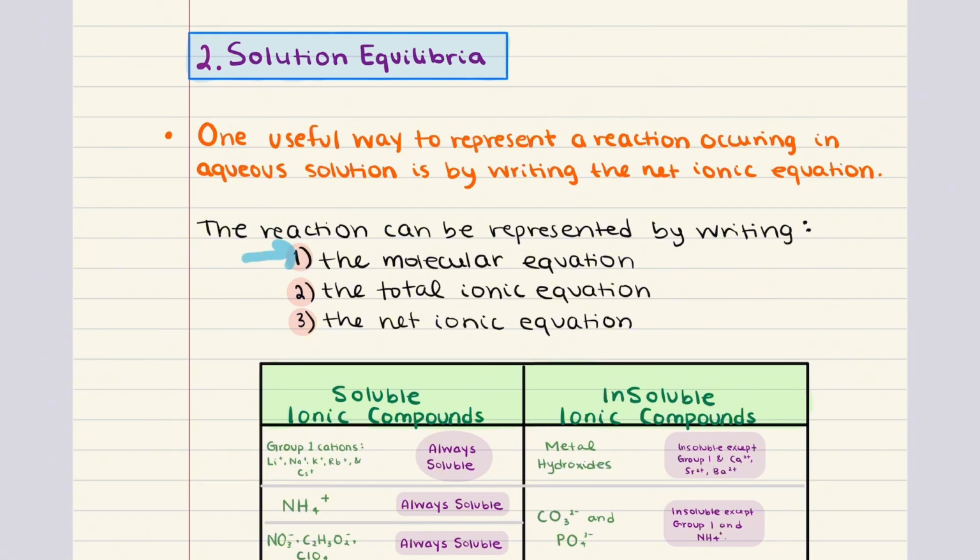The first step is to write the molecular equation. The molecular equation shows all of the reactants and products in their neutral, undissociated form. Then in the next step, we want to write the total or complete ionic equation. In this step, all strong electrolytes are dissociated into ions because this is how they actually exist in solution.